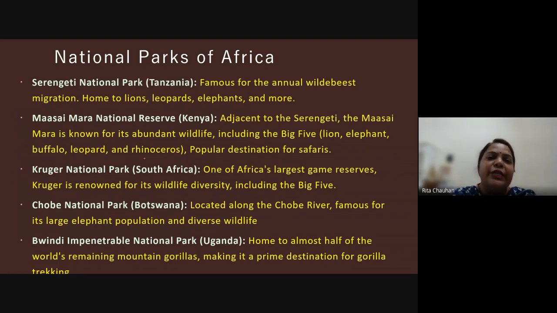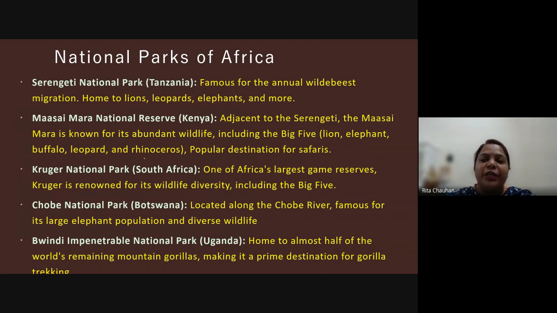Let us go into the examples of national parks of Africa. In Africa, we have Serengeti National Park, which is located in Tanzania, and it is home to lions, leopards, elephants. Then Masai Mara National Reserve, it is located in Kenya, and it also has abundant wildlife, including the big five.